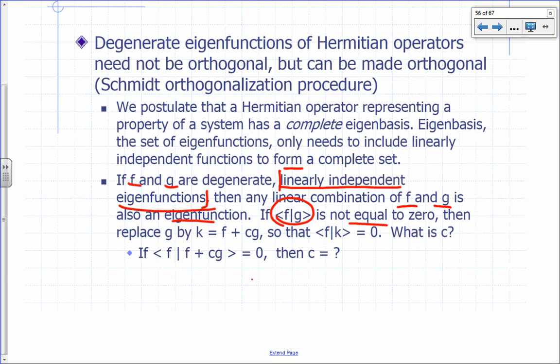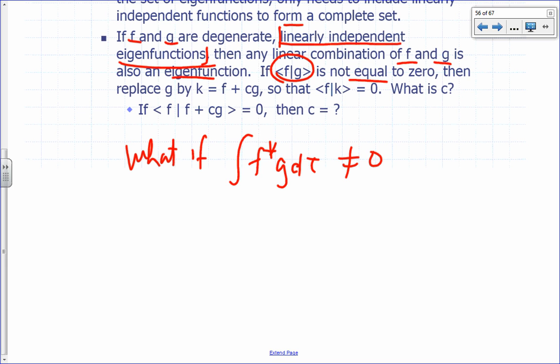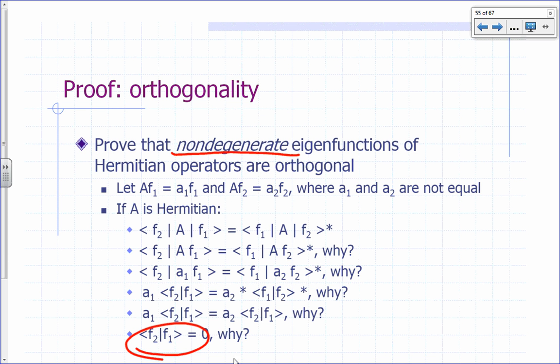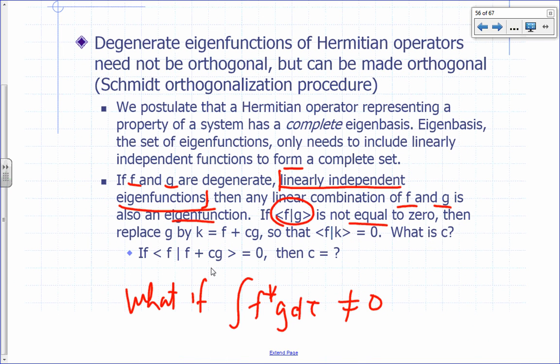What if f star g d tau is not equal to 0? That's possible if they are degenerate. If they're non-degenerate, we know that integral is going to be 0. We've already proven it. But if you go back to our previous proof, we've only proven it for the non-degenerate case. So what happens then?